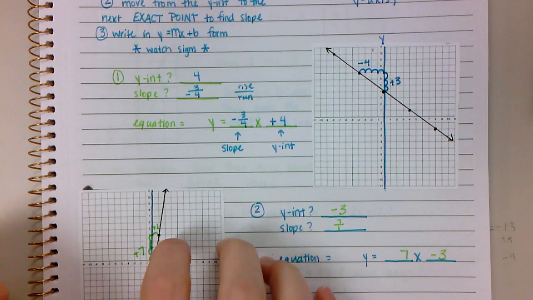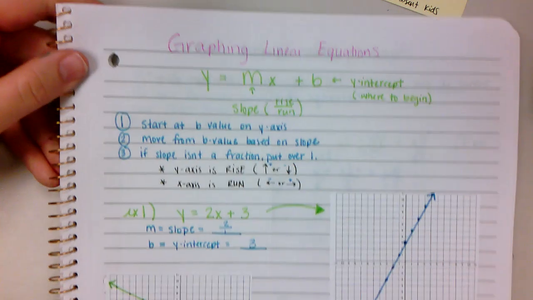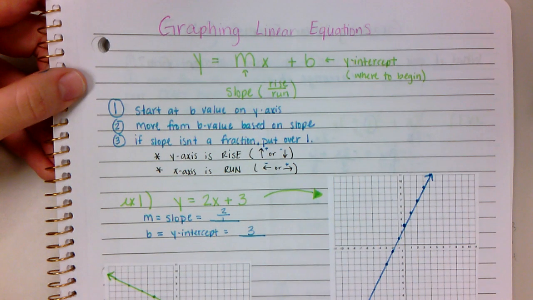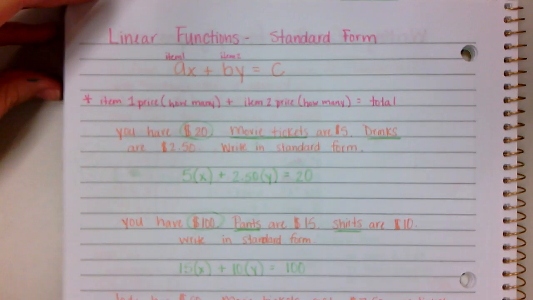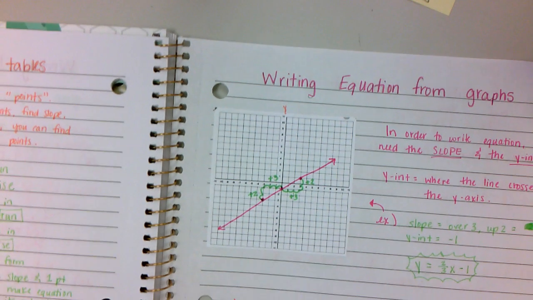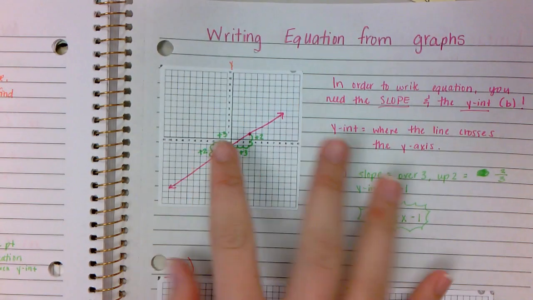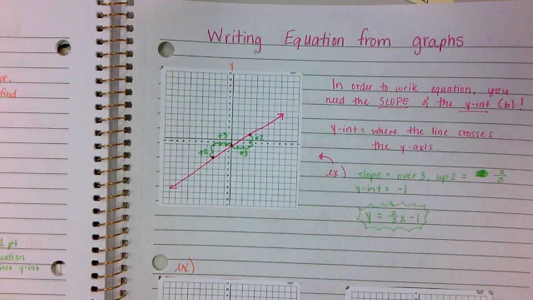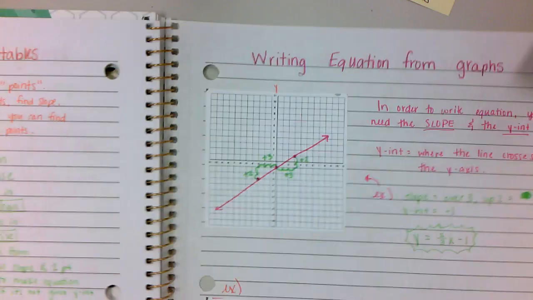Please make sure you look over your notes, because not only do you need to have these 2 pages of notes that we did today and yesterday, but you also need to look over the linear stuff in general, because we're also going to look at standard form, which is important. Again, you have notes on writing equations from graphs already, but I wanted to go back over that again.